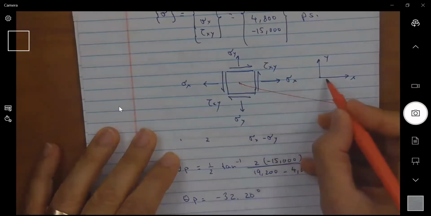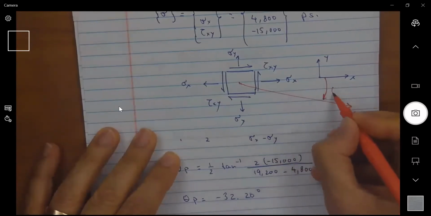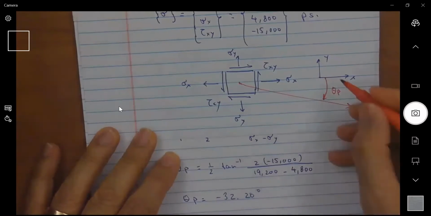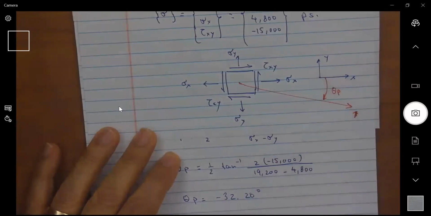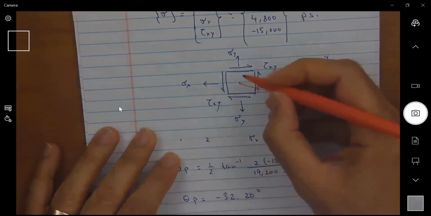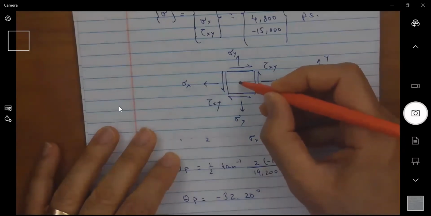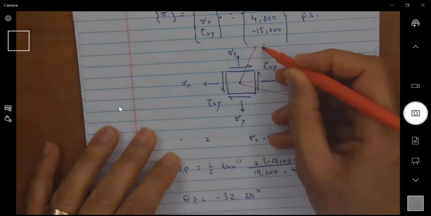And this here is the angle theta p. And we are going in the clockwise direction. This is why theta p is minus 32.2 degrees. And perpendicular to that, in the orthogonal direction, we're going to have the 2 direction.